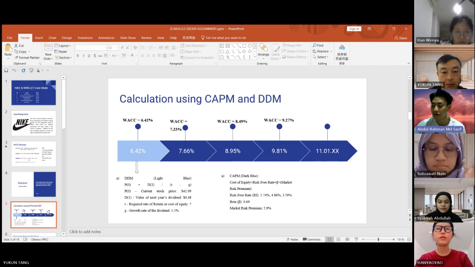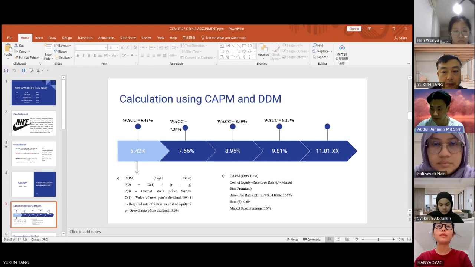When we use the 5-year bond yield, the cost of equity is 8.95%, and we get a WACC of about 8.49%. And the third one is if we use the 1-year bond yield, with a cost of equity of 7.66%, the WACC is 7.33%.